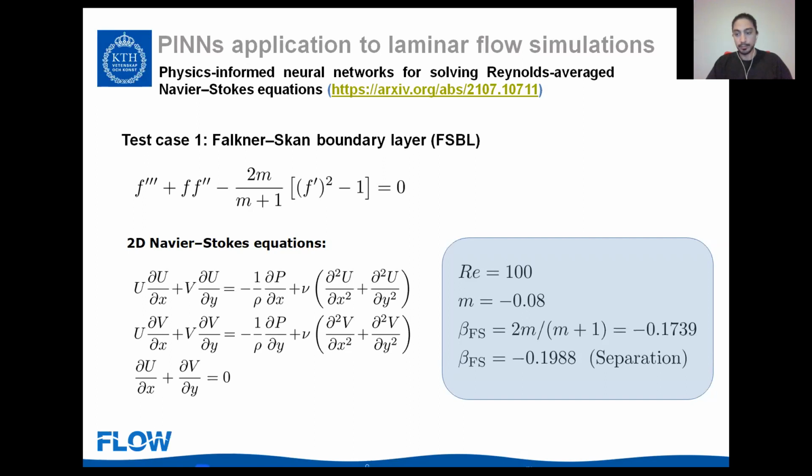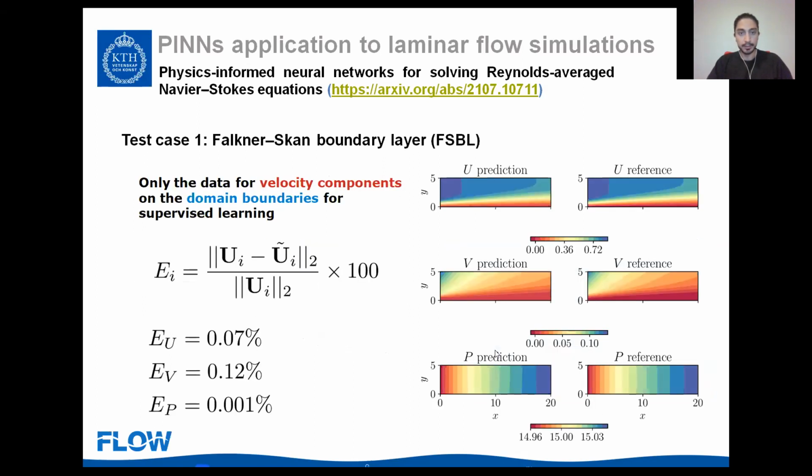For solving this problem, we only use the velocity components on the domain boundaries. We don't use pressure, so we don't know anything about pressure. And we use the relative L2 norm of errors to measure the accuracy of the solution.